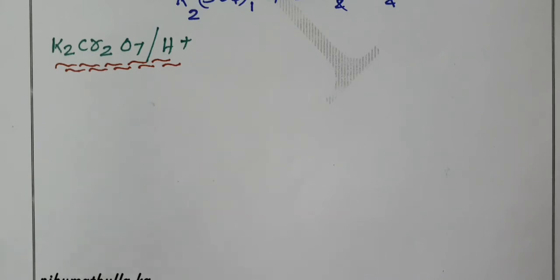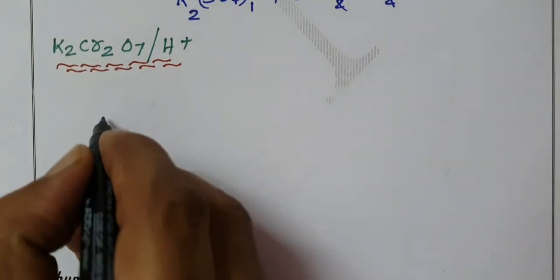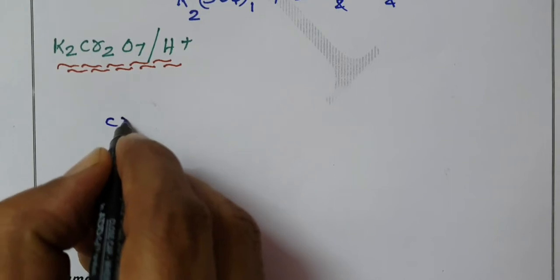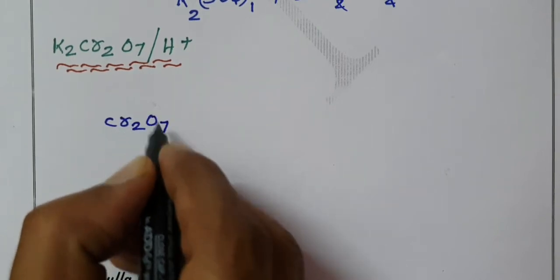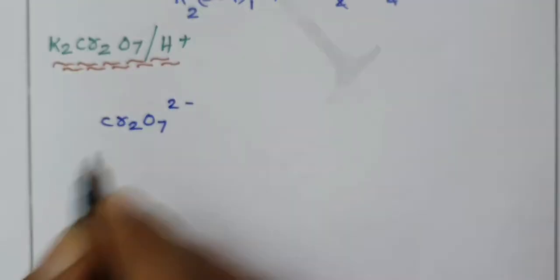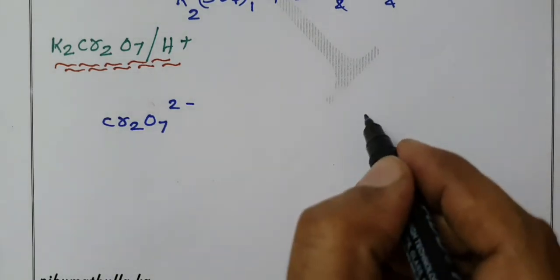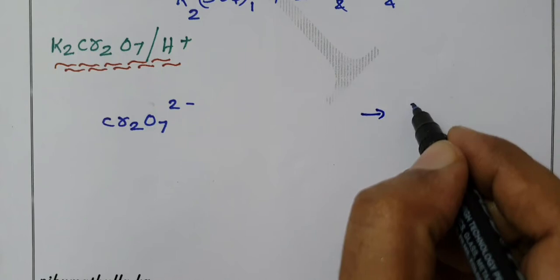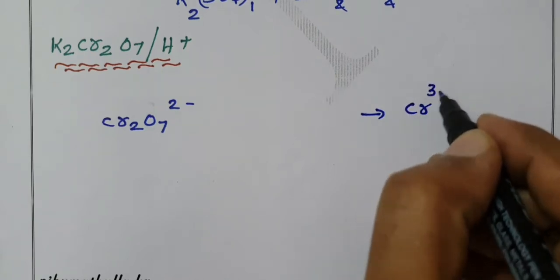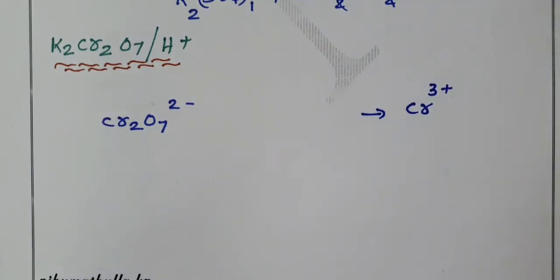Now, in acidic medium, the dichromate ion, Cr2O7 2-, is reduced into Cr3+ ion. We know how to balance this ionic equation in acidic medium.